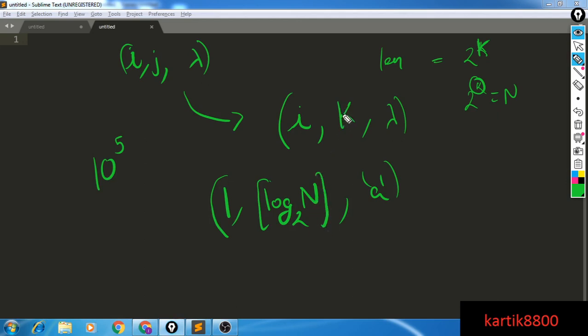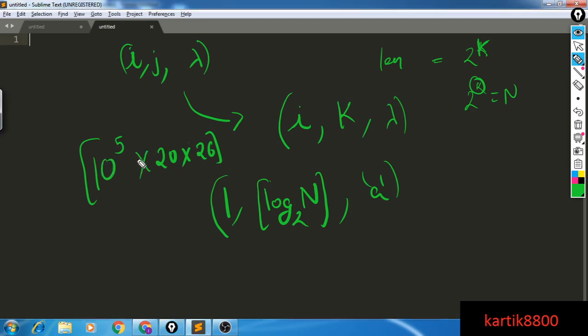K can have at most 20 different values, because it represents the length of the string, which can never be greater than 2 power 20, since the initial length is only 10 power 5. For lambda, there are at most 26 different characters. So this is the maximum possible number of subproblems, and this is well under 10 power 8.